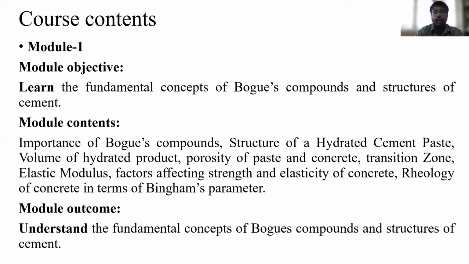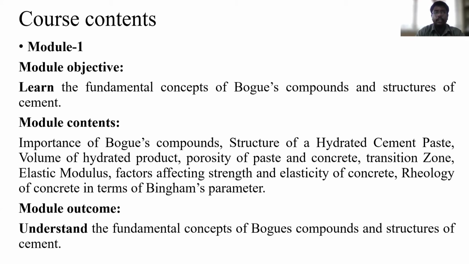So we know that concrete is a proportional mixture of binding material, aggregates, water, and admixtures. So before having an overview of entire concrete as a material, we want to know individually the properties of each and every ingredient of concrete.